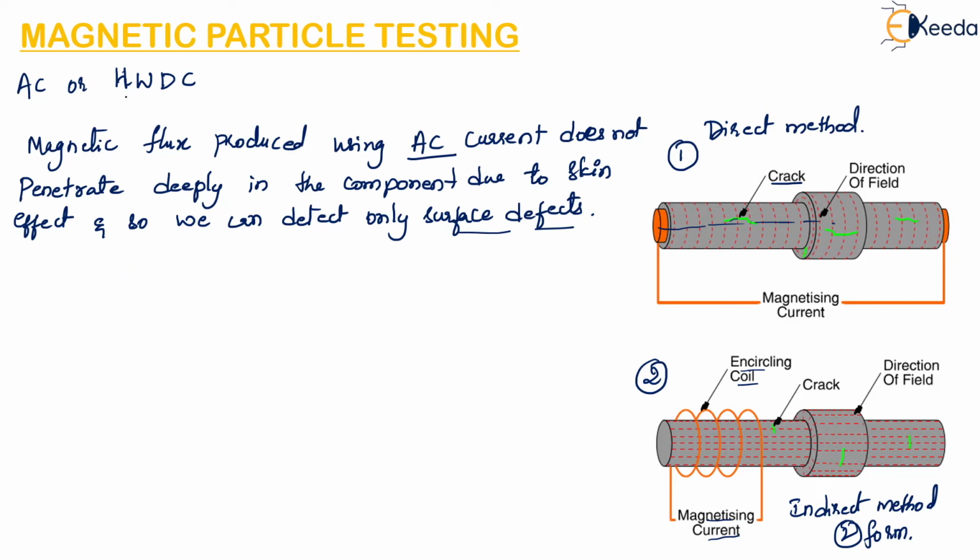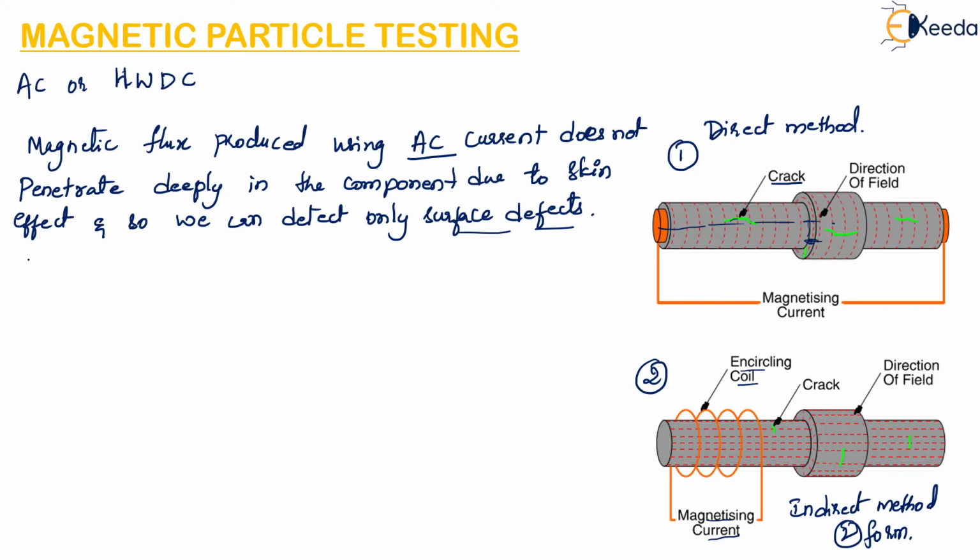So this half wave rectified DC current will penetrate more deeply, but it is inclined not to follow sharp changes in the section. So here we can see that if there are defects somewhere here, you can see there is a change in section. Here the diameter is less and here the diameter is increased.